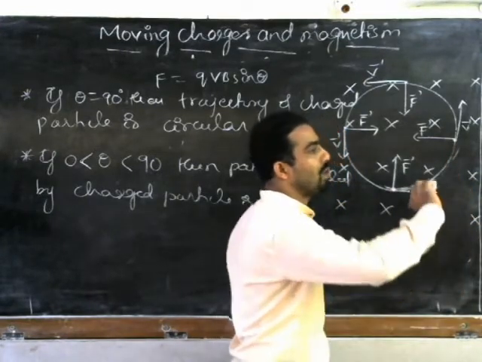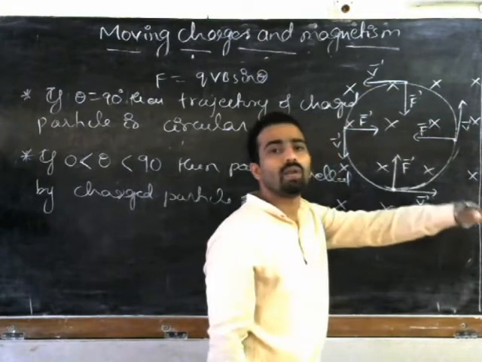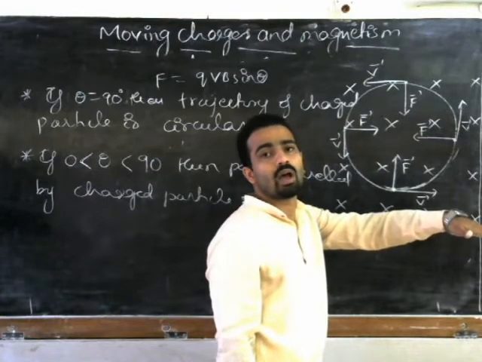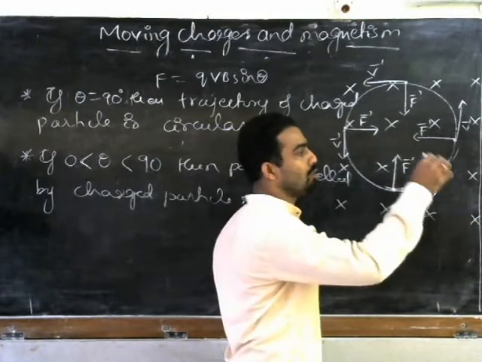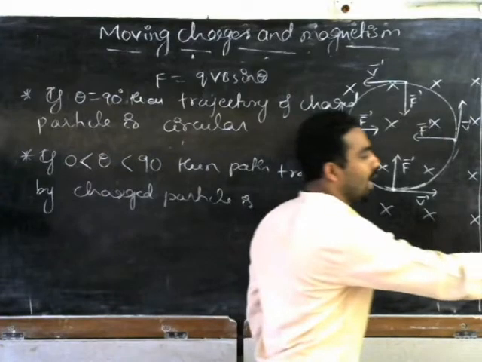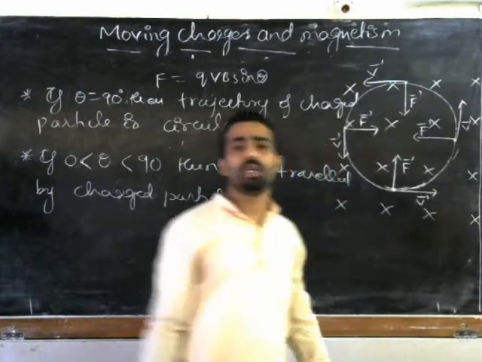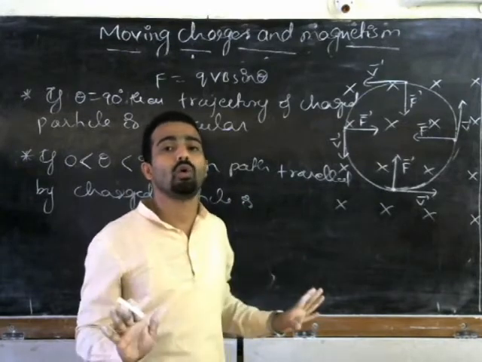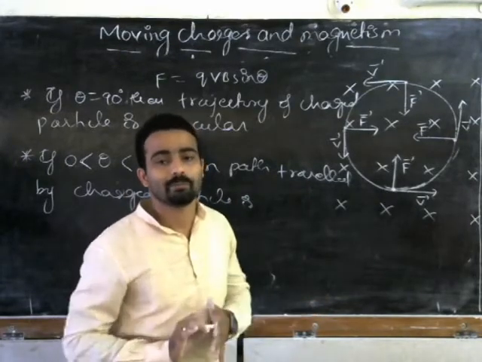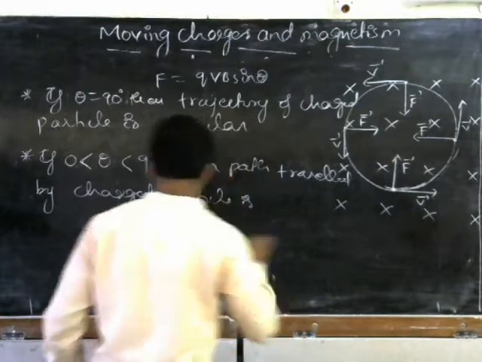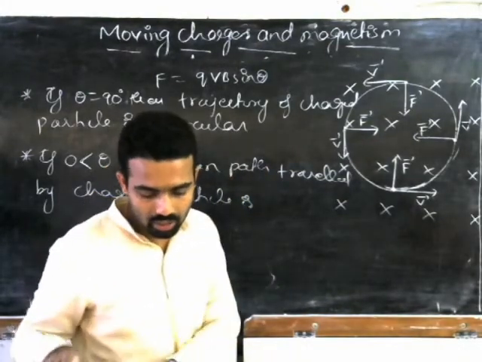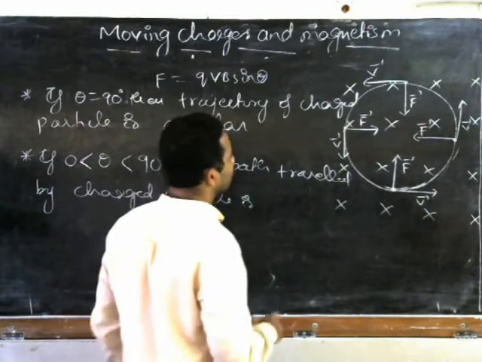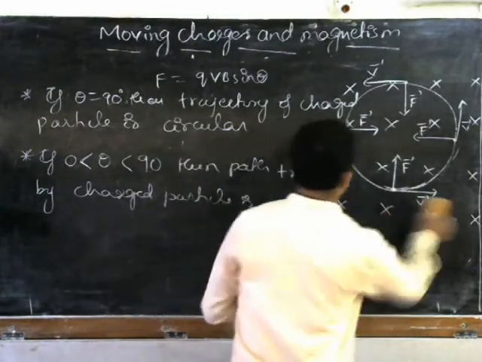Then if a charged particle enters this field, again it will experience some force, so that it will move like this, and at each point it will experience a force, but it does not follow a circular path. Okay, let me draw it so that you can get a clear picture of this.